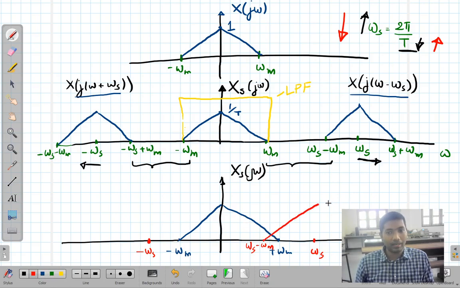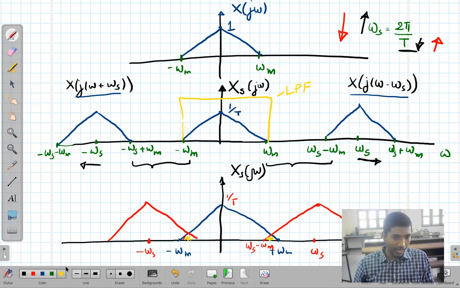The frequency spectrum overlaps, right? So this is 1 by T, but here the frequencies get overlapped. The high frequency component of this region gets overlapped with the frequency component of X of j omega minus omega s. Similarly, on the left side also the frequencies get overlapped.